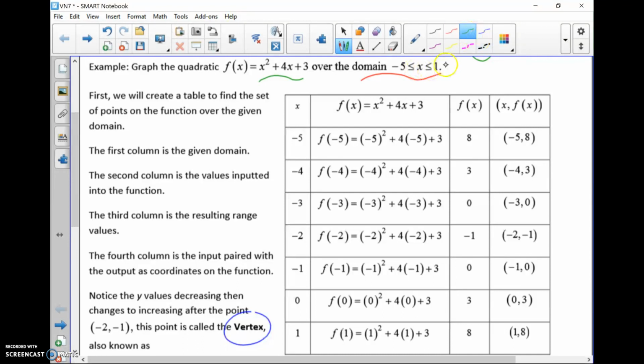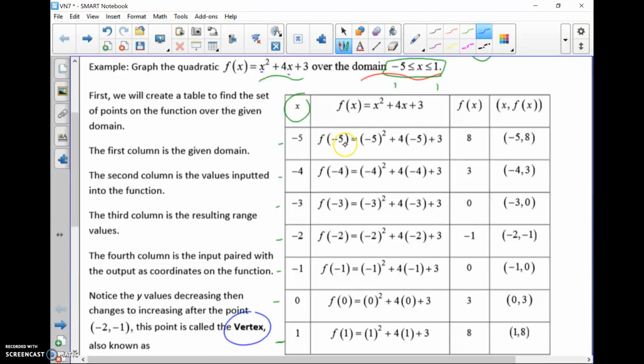Given a domain of -5 to 1, that means your x values are going to go from -5 to 1, and you just go up by 1: -5, -4, -3, -2, -1, 0, and lastly 1. Then one at a time, you're just doing f of that, meaning you're replacing your x's with those input values.